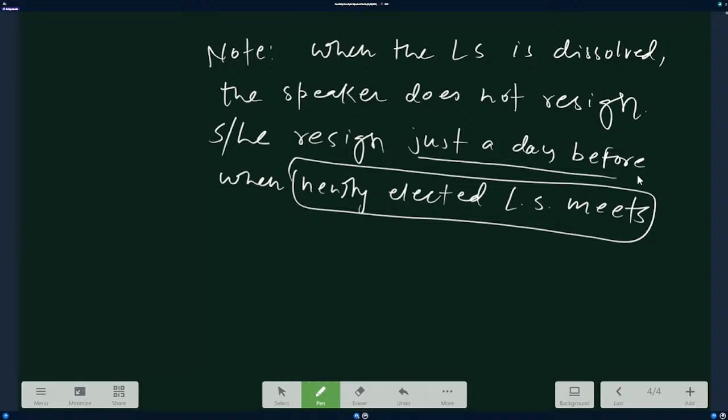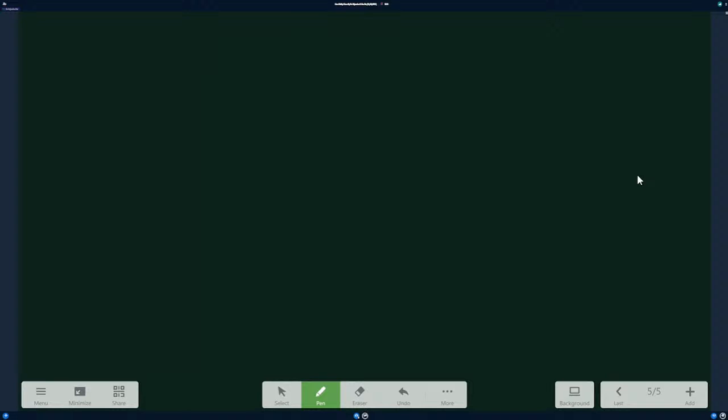Let me talk about the power and authority of the Lok Sabha speaker. It's very important. Power and functions of speaker.